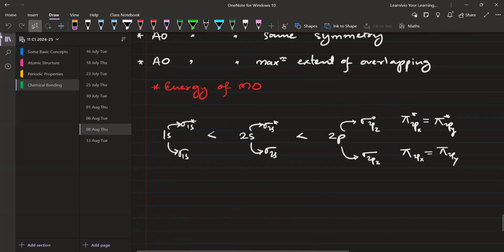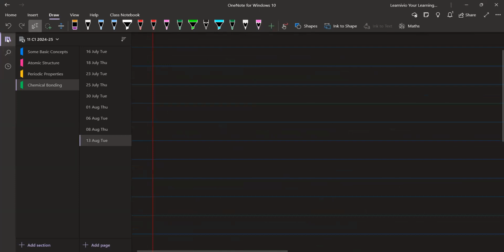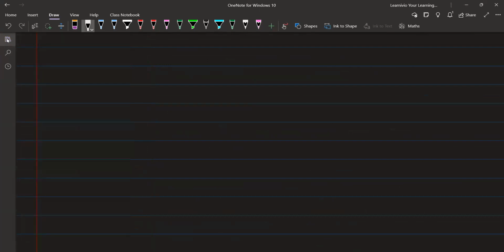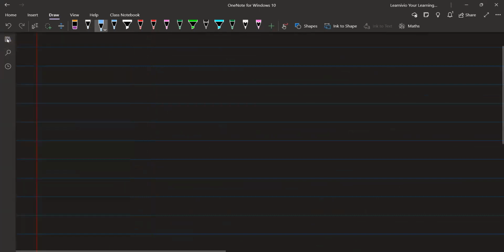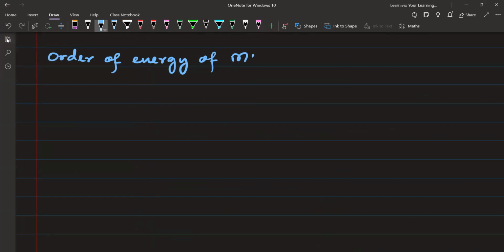So the order of energy of molecular orbital, ध्यान दीजिए जरा, केस लिखिएगा. You have already written here energy of molecular orbital, and then you are going to write order of energy of MO. The order of energy of different molecular orbitals.